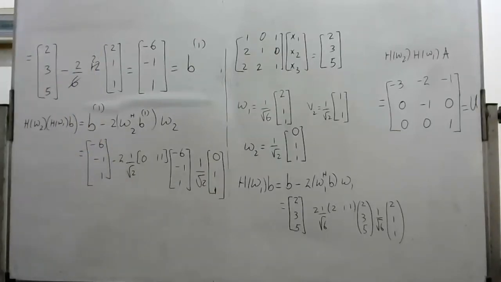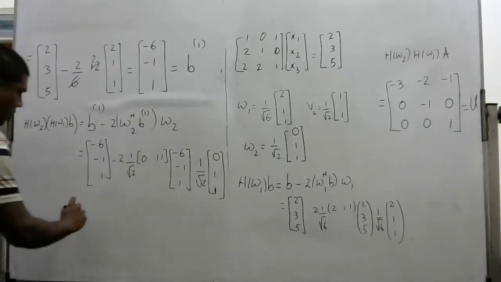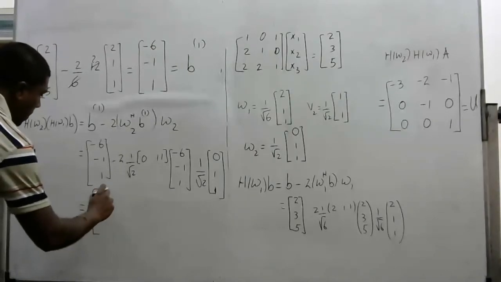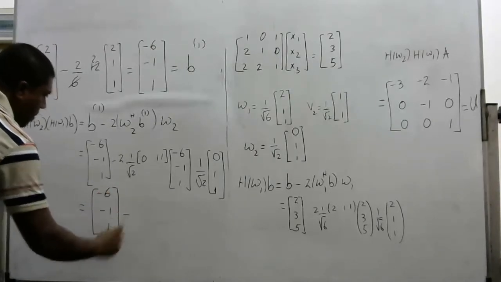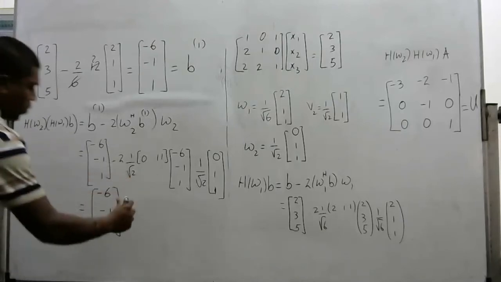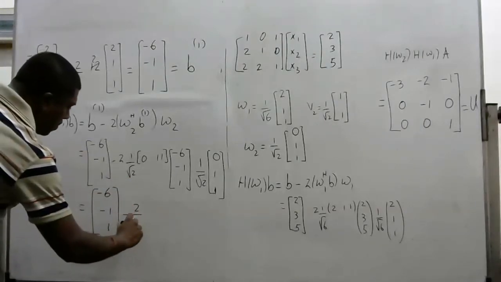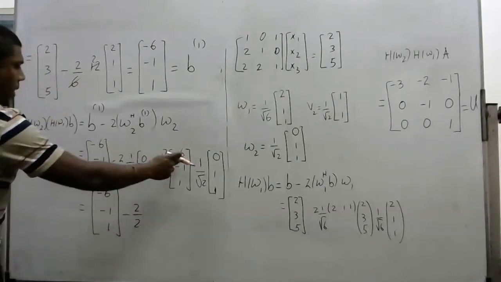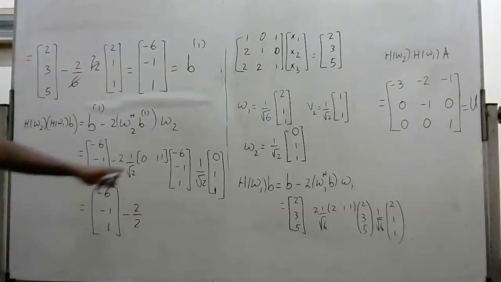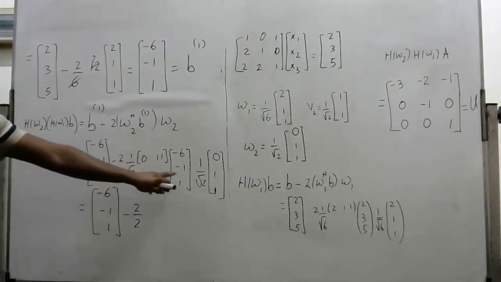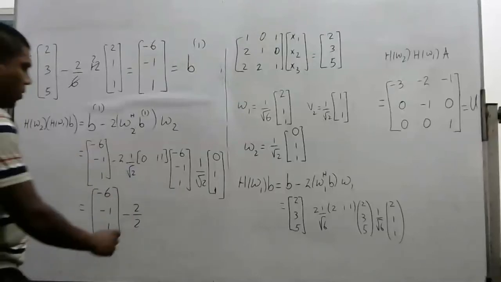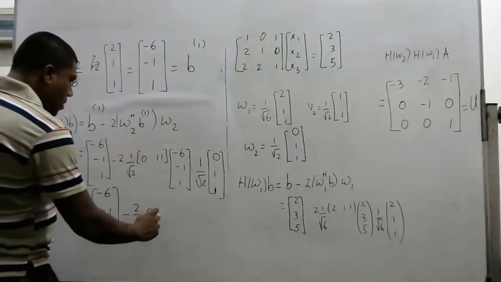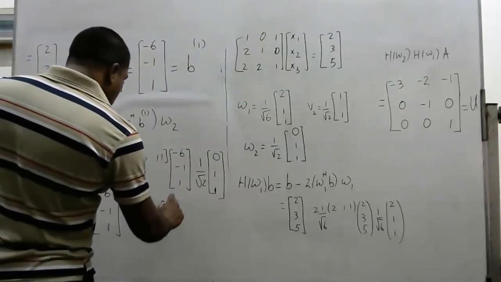So in this case you get minus 6, minus 1, 1 minus 2 over 2 times 0, minus 6, 0. Right, 1 minus 1 is minus 1 plus 1 is 0, times 0, 1.